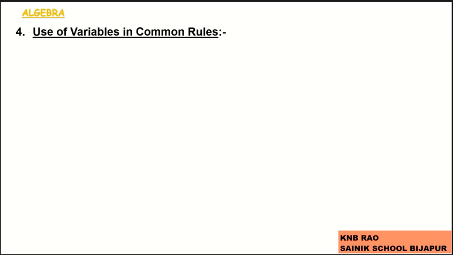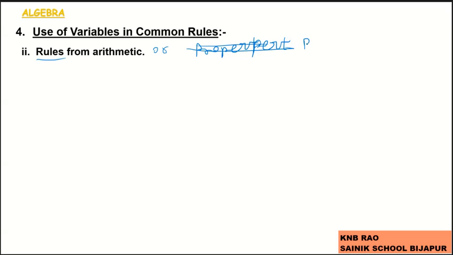Now, children, going to another important one, we use variables in forming rules from arithmetic. What are the rules from arithmetic that you have learned? They are properties, properties of arithmetic that you have learned, properties of numbers. What are the properties of numbers that you have learned?